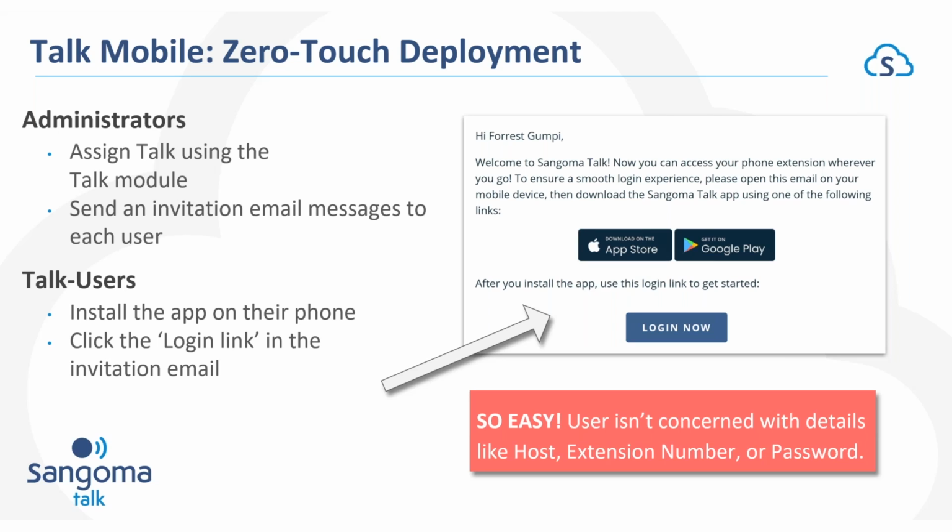The user then first of all downloads the app from the correct app store, might it be the Apple Store or Google Play. And then after the installation, they click on the login now link, which contains a deep link with all the configuration settings. So it's click and go, and they don't have to log into the app for it to work. So very, very easy to set up. Just an email being sent by the admin.